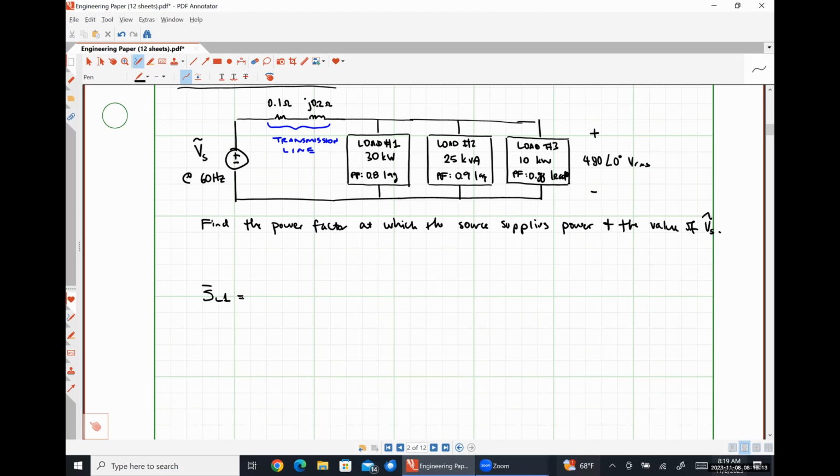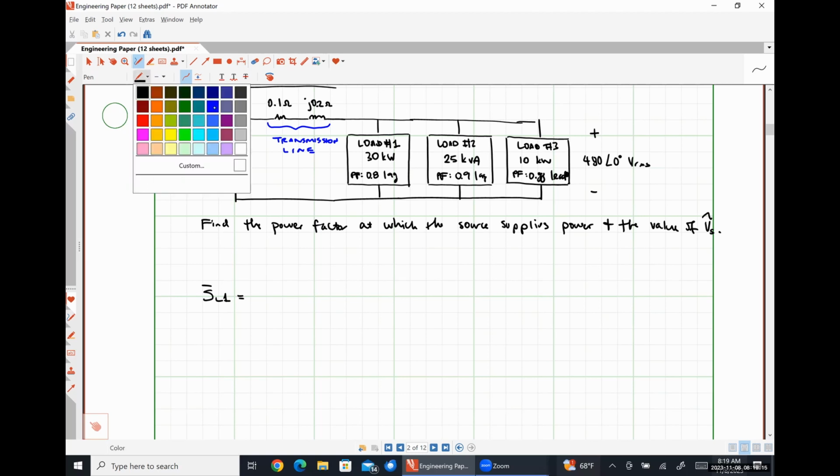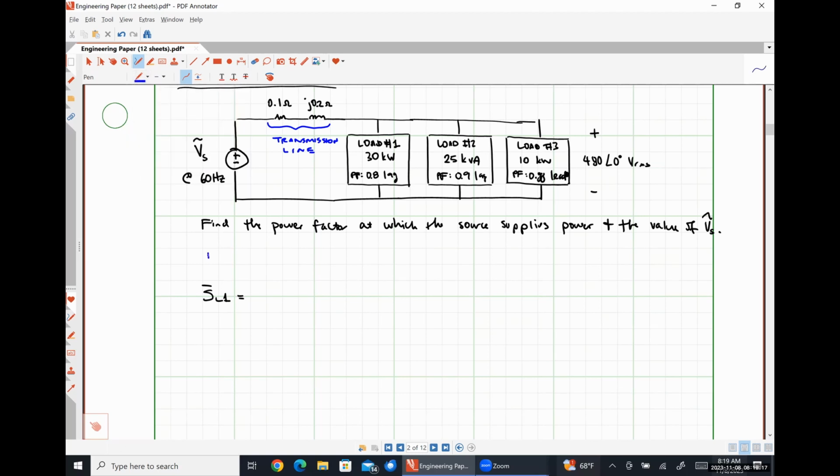So recall from our definition of power factor, I'm going to put it here in blue, that power factor is defined as the ratio of the average power to the apparent power, which is the same as the cosine of the power factor angle.